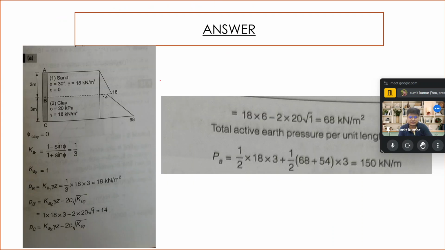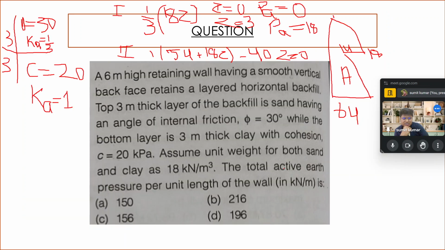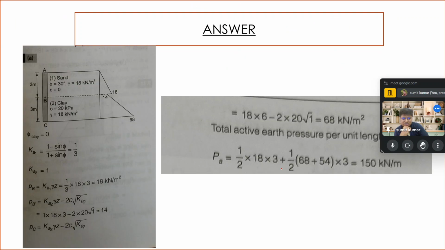But I am getting 1 by 2 into 60, 1 by 2 into 18 into 3 plus 1 by 2 into 68 plus 54. I'm getting the value as 144, so somewhere I have made a mistake. The value is 68.